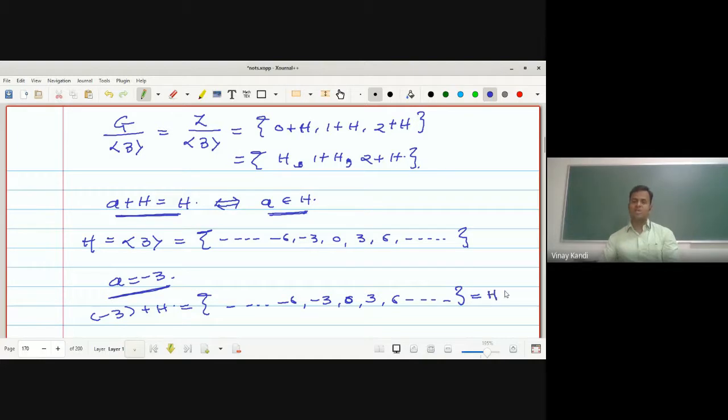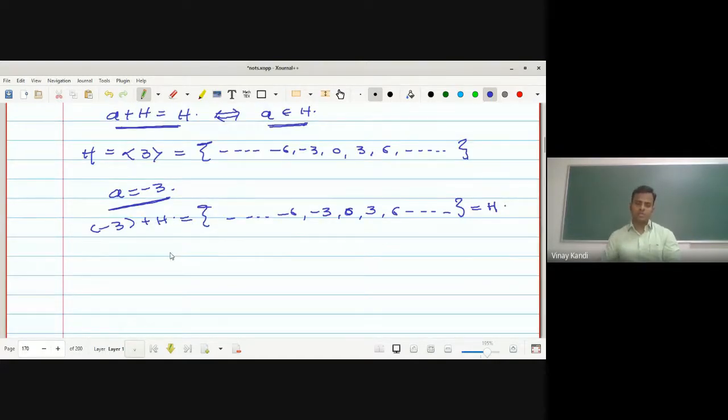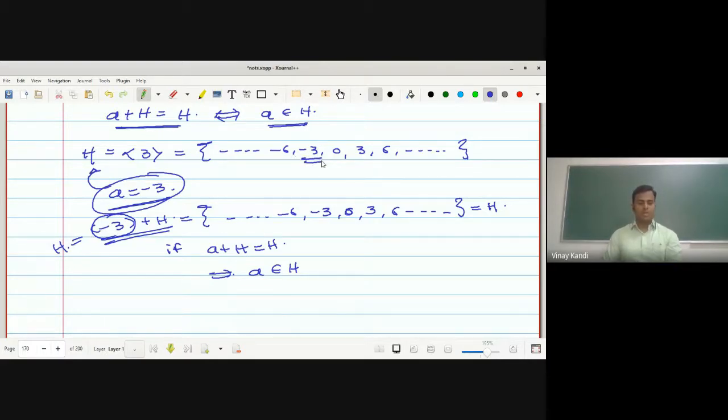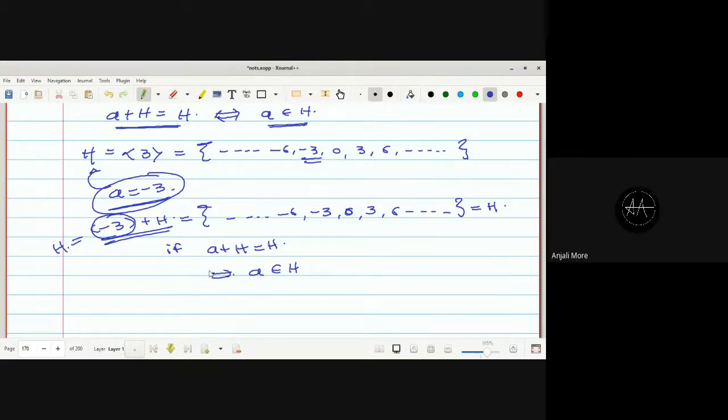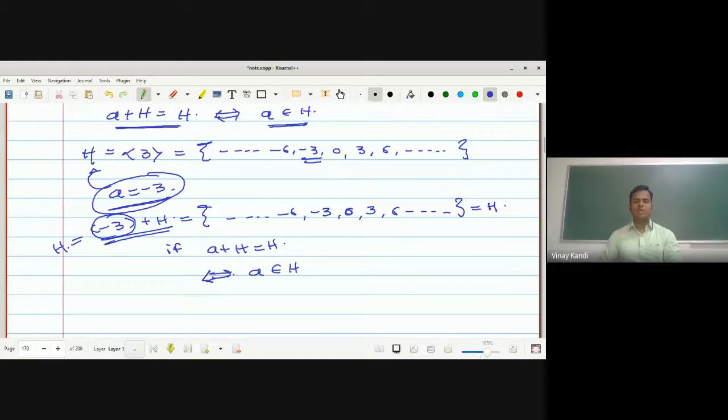So hence, if a + H = H, then it implies a belongs to H. Here with minus 3, minus 3 belongs to H. Does minus 3 belong to H? Yes. Any doubt? Similarly, if this condition holds, then a belongs to H. If a belongs to H, then a + H = H.